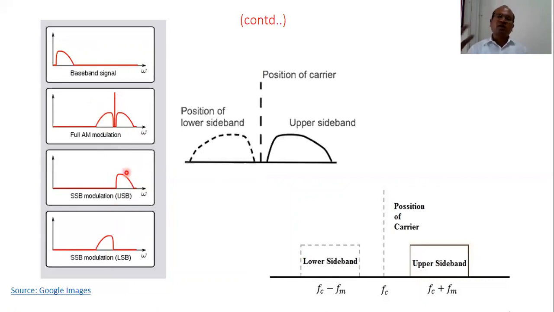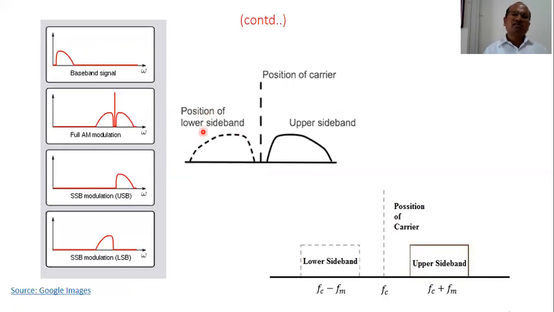So this is possible. We can choose either sideband. And see here, there is one more diagram. In this diagram, the upper sideband is being transmitted, so the lower sideband has been shown in dotted lines.